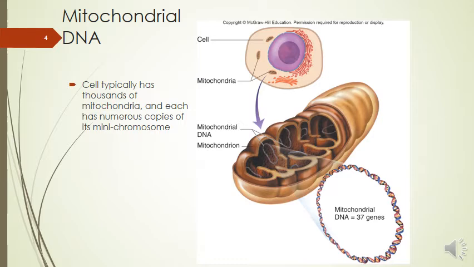Remember that the ribosomal subunits are not the same as in other eukaryotic cells. They are more like prokaryotes. If we take a look at the mitochondrial DNA, here you have the 37 genes in a circular formation, and you have the double-layered membrane that's present.